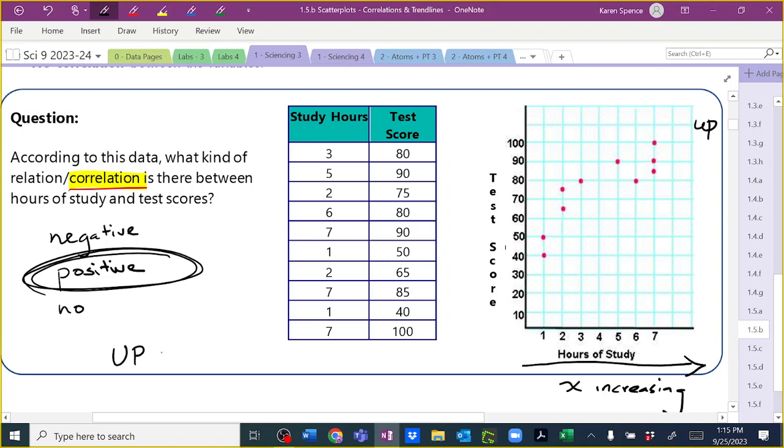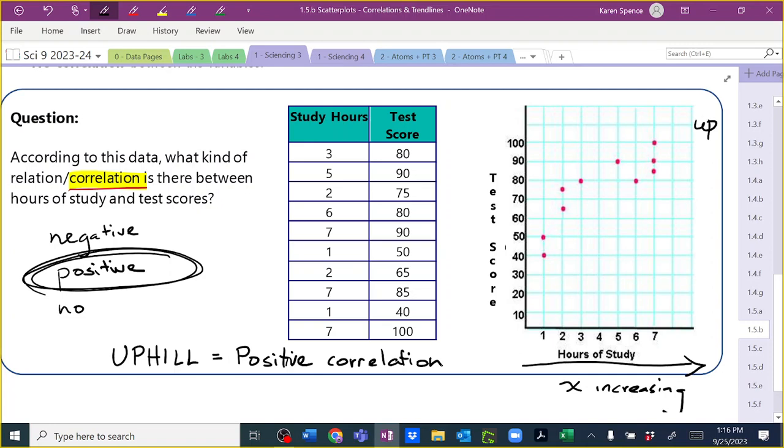So uphill is a positive correlation. And in grade, I think it's in grade 10, you'll actually learn how to calculate what the slope is of that line, and you'll get a positive value.